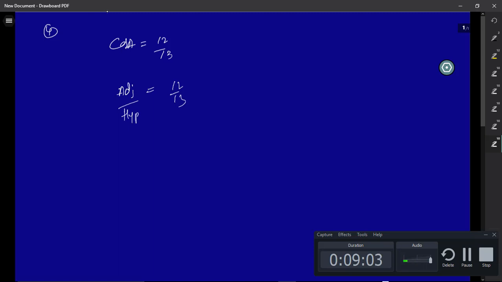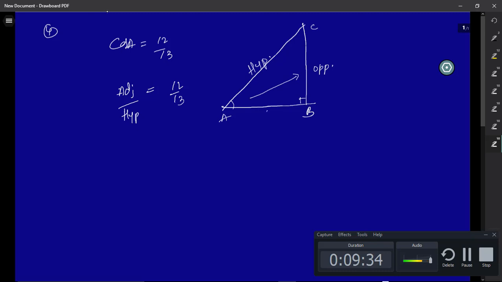Let me quickly draw a right angle triangle here. This looks too small, so I'll just draw a little bigger one. With respect to angle A, BC is the opposite side, AC is the slant line which is always the hypotenuse, AB is the adjacent side, right?